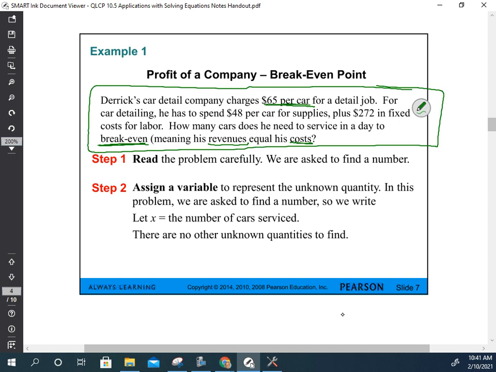So $65 per car. For car detailing, he has to spend $48 per car for supplies, plus $272 fixed costs for labor. How many cars does he need to service in a day to break even?